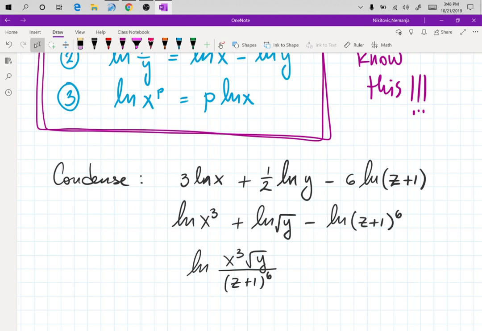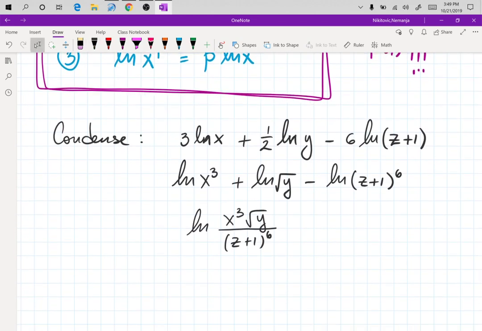Your job was to take multiple logs and condense them all into one log. Now, these are obviously favorite pre-calculus problems because this is the skill you need to solve logarithmic equations. If you have multiple logs, you combine them into a single log, and that's equal to something, and then you can use the conversion to translate that into exponential, which you can solve, and then you're done.